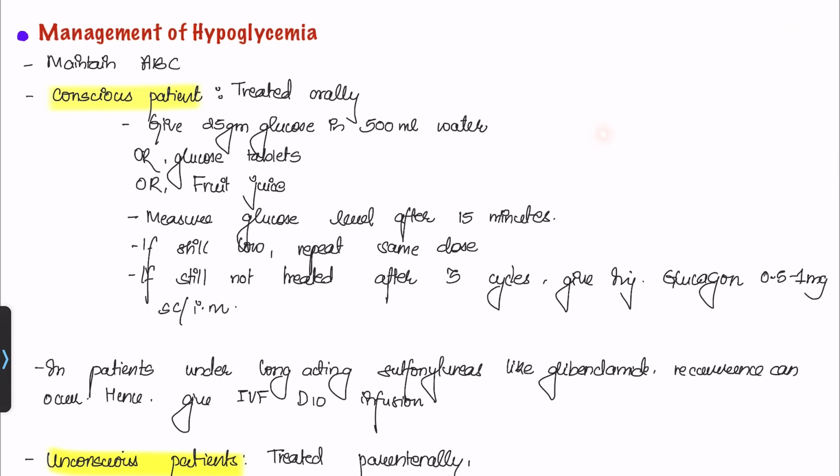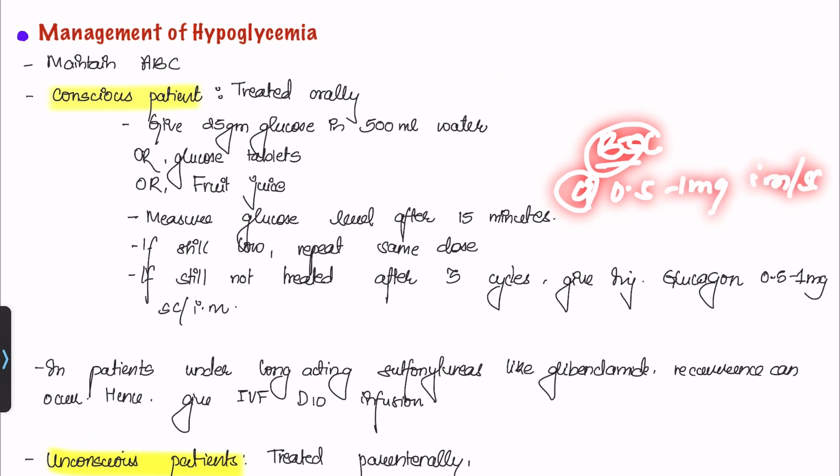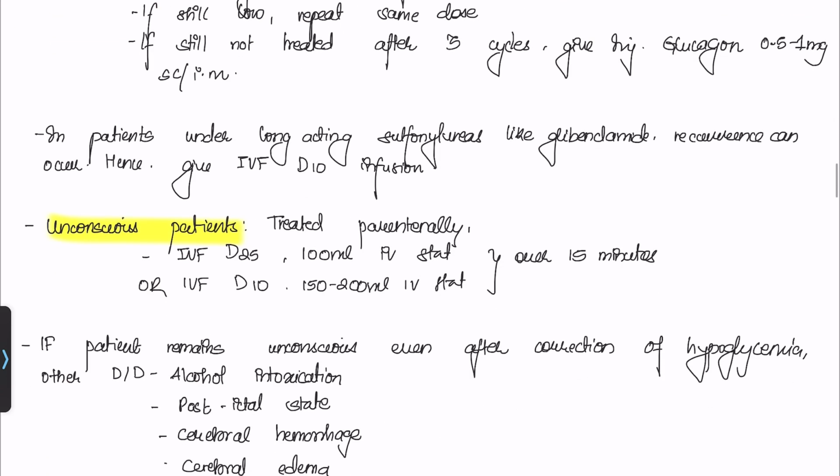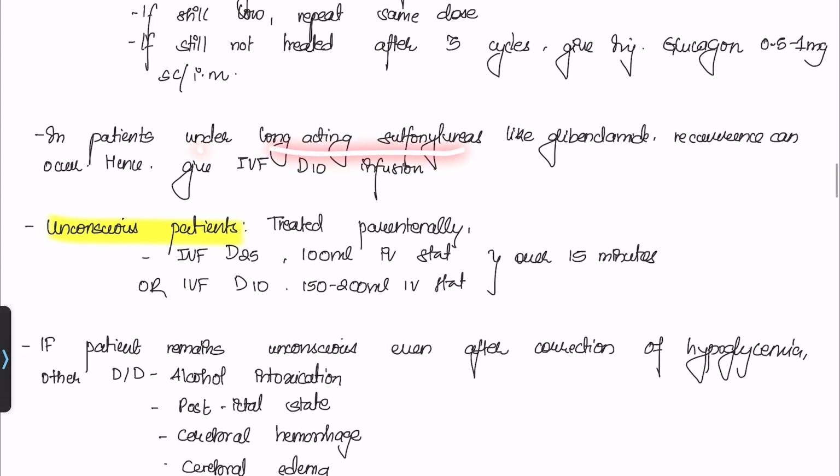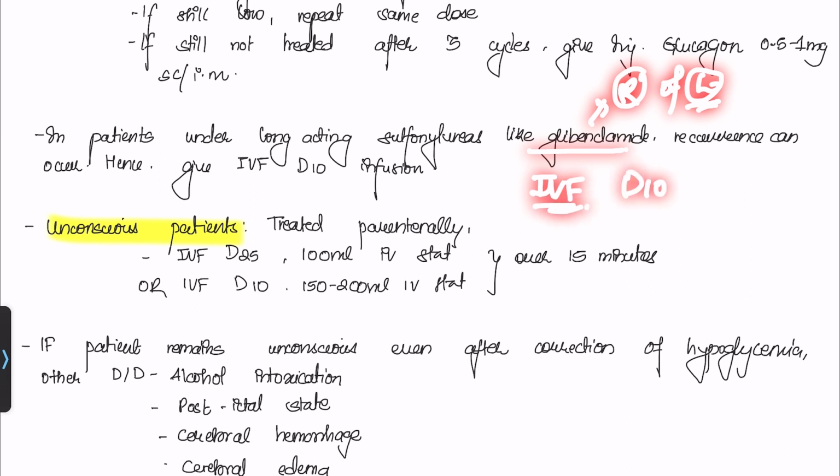If it still remains low, we can give glucagon 0.5 to 1 mg intramuscularly or subcutaneously. If the patient is on long-acting sulfonylureas like glibenclamide, they can have a recurrence of hypoglycemia. Hence, to avoid that, we will give intravenous fluid, that is G10 infusion.